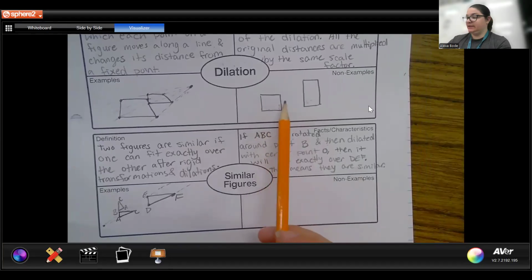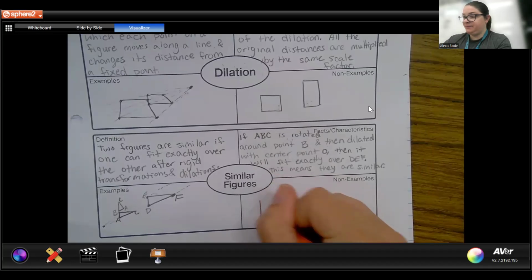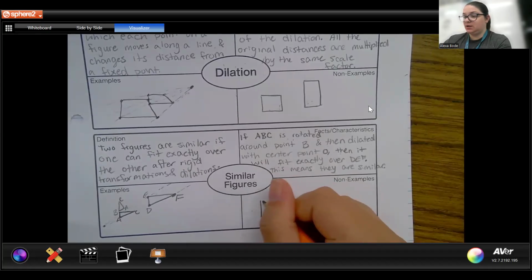Again, my dilation non-examples would be the same here, but I'll just go ahead and give you another one. So if I had, let's do a trapezoid again.